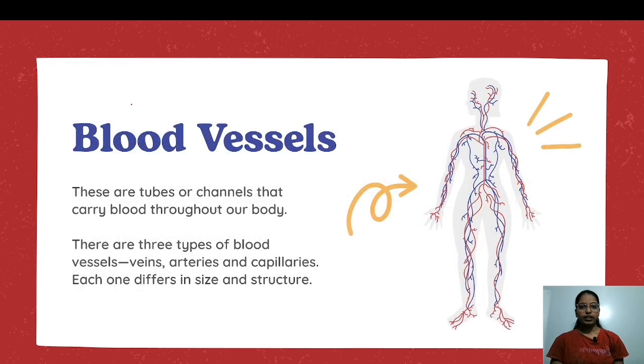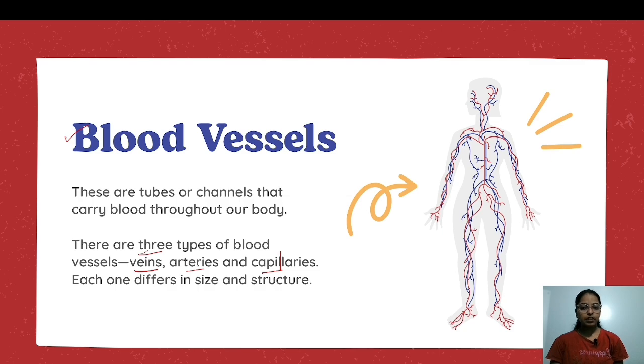Next part of the anatomy of the heart is blood vessels. As we know, different blood vessels are present in our body and they are responsible for carrying blood and for transportation of blood from the heart to all body parts. So there are 3 main types of blood vessels in our body: veins, arteries and capillaries.